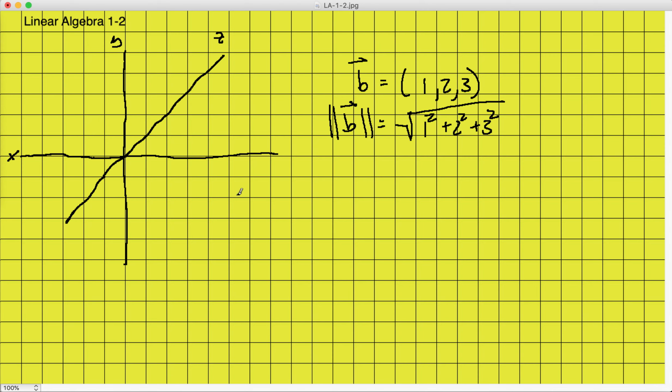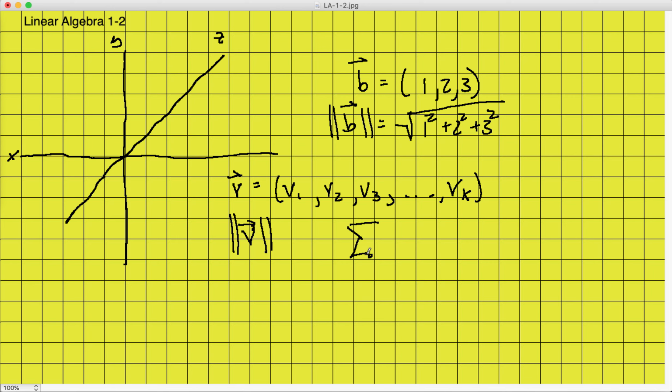So if I wanted to generalize this, if I had some v equal to (v1, v2, v3, all the way up to vk), then we would say that the magnitude of this right over here would be equal to, well, what am I going to do?